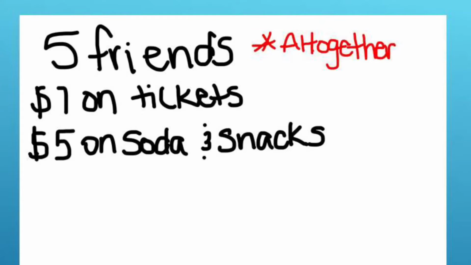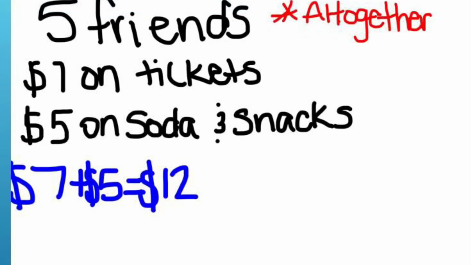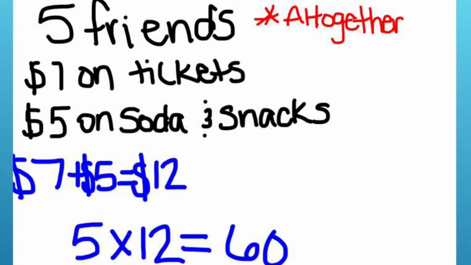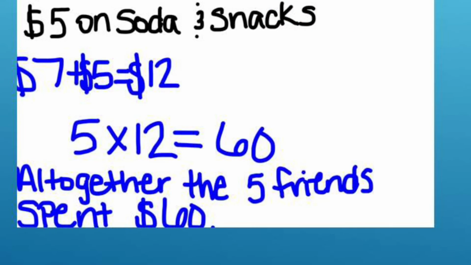So since I'm going to be finding how much they spent altogether, I'm going to start by adding the $7 plus the $5 to get $12. I then know that there were 5 friends, and each of those friends paid $12, so I do 5 times 12 equals 60. That means that altogether the 5 friends spent $60 when they went to the movies.